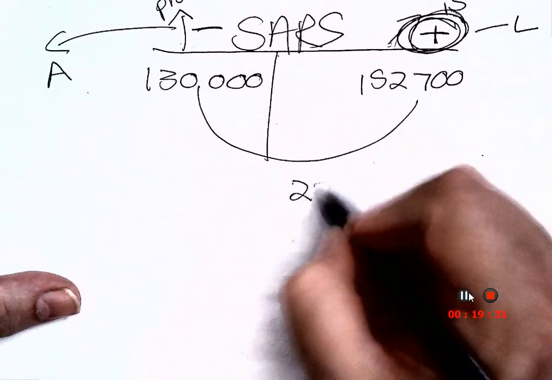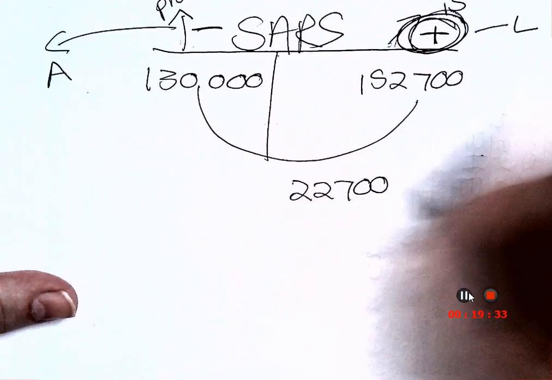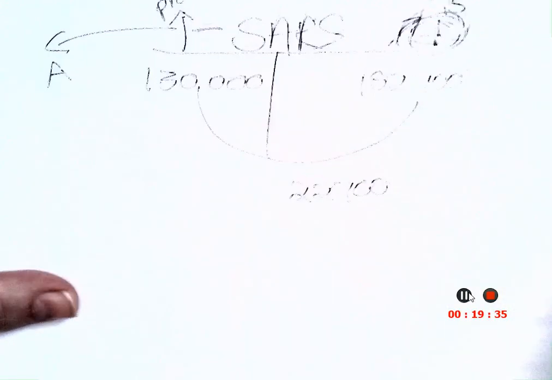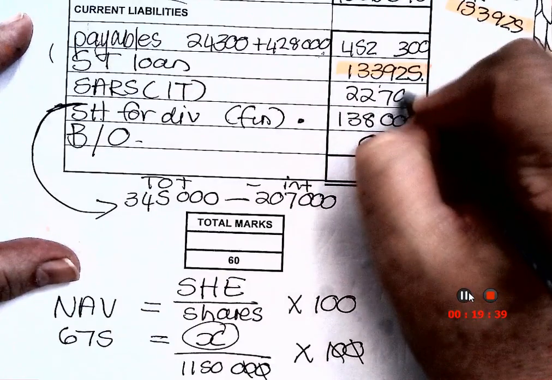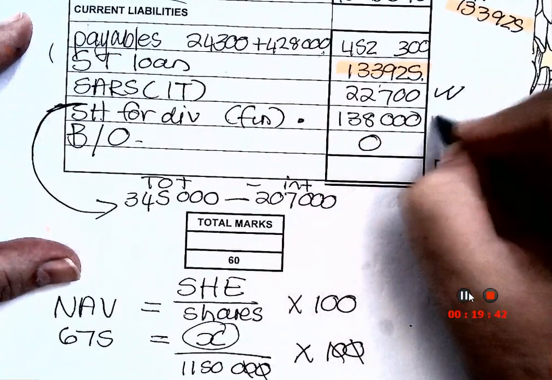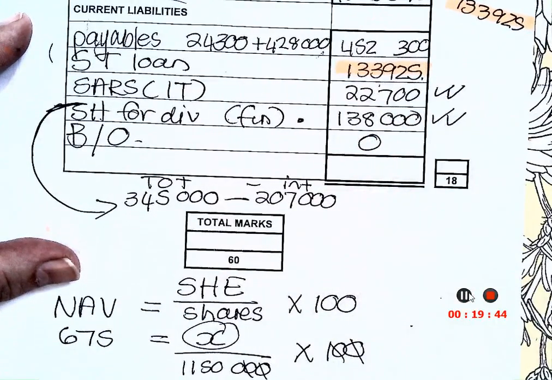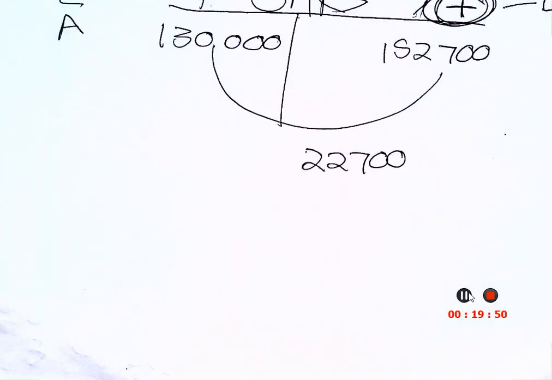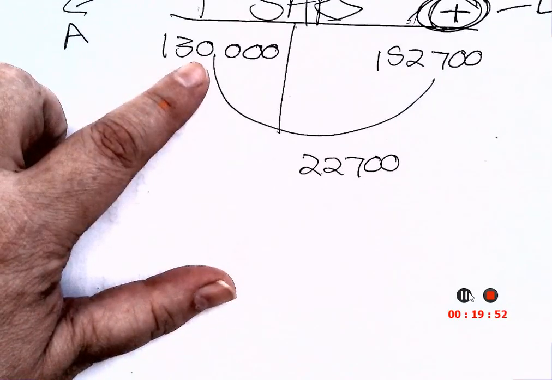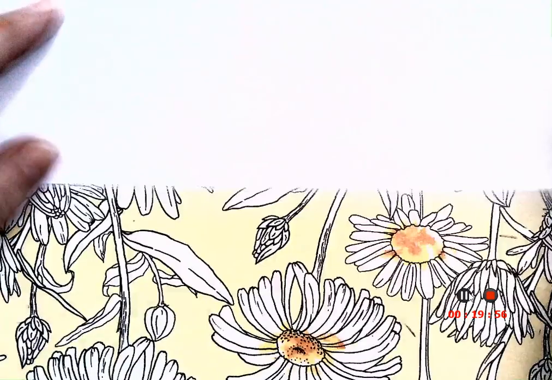Now you go get the difference, which is 22,700, and you go put it in your liability. So 22,700, liability, it would be 2 ticks. And this would be 2 ticks. How do I know? It's on the debit side. It's a rule.